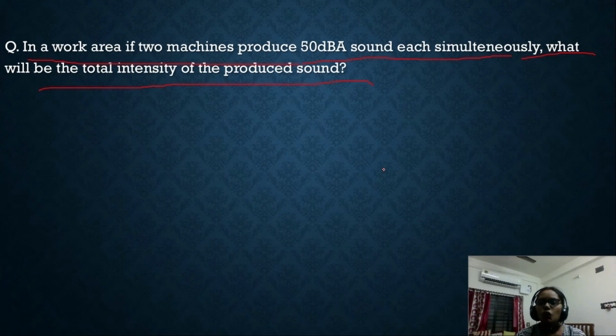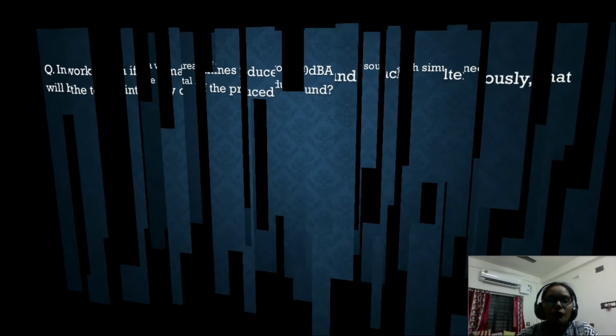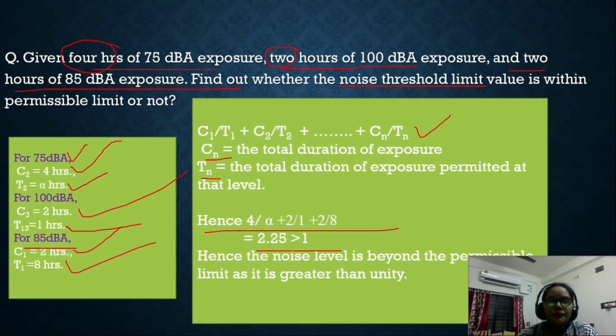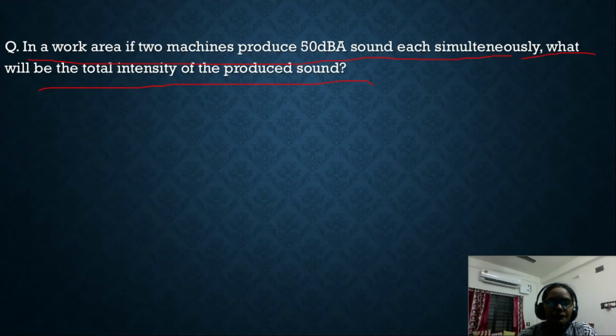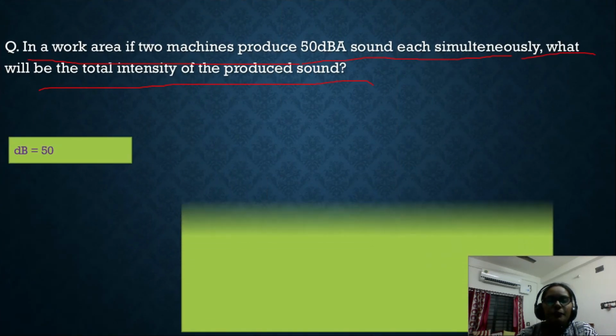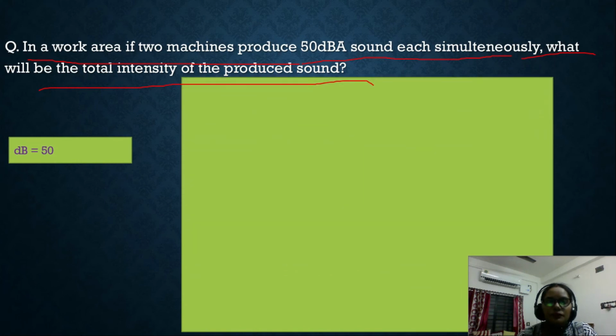You have to memorize the unit of decibel and its expression.